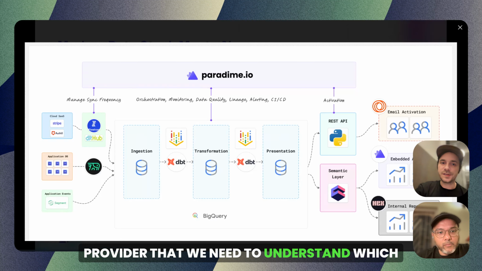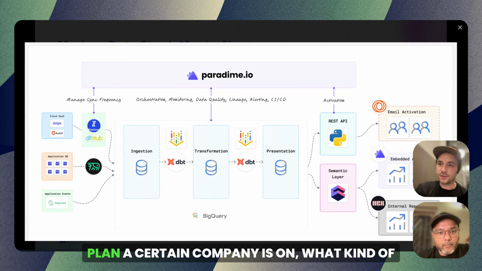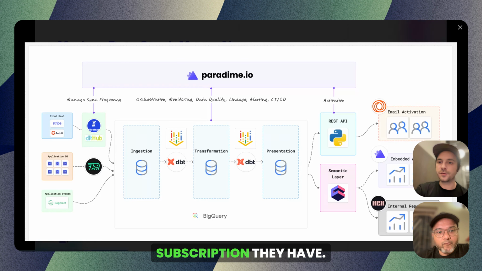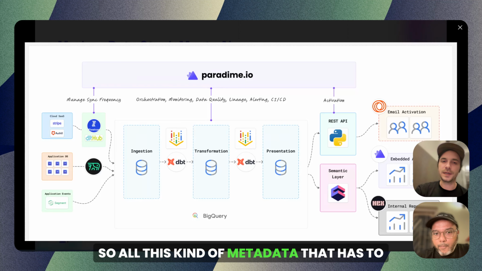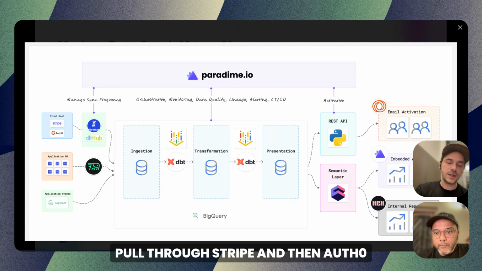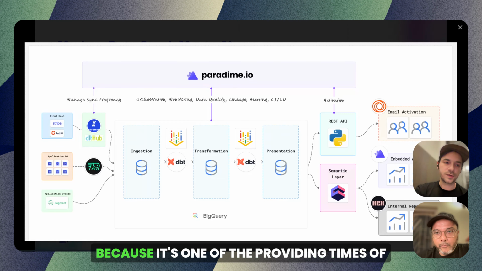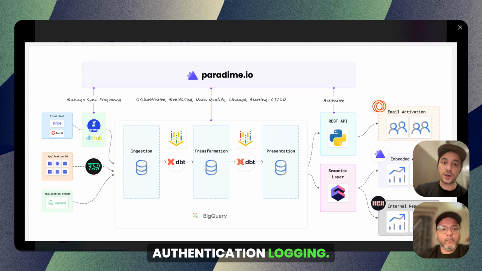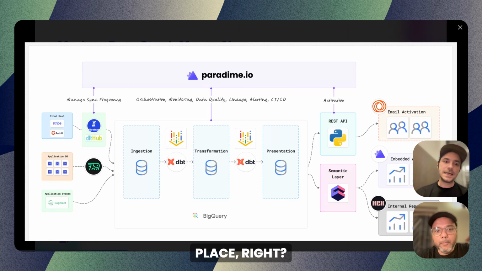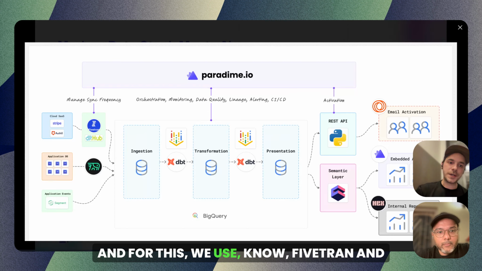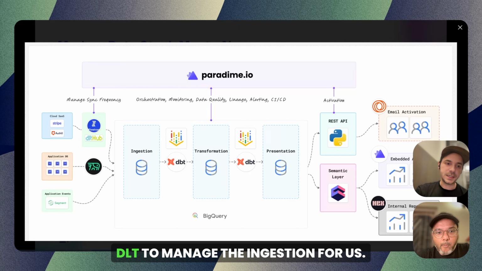We need to understand which plan a certain company is on, what kind of subscription they have, or whether we have to connect to the right team or the right plan. All this metadata has to be pulled through Stripe, and then Auth0 because it's our provider for authentication login. So we need to understand: did the user even log in to the platform in the first place? And for this, we use Fivetran and dlt to manage the ingestion for us.